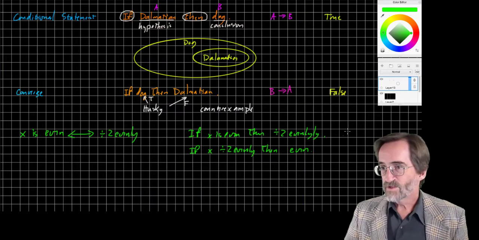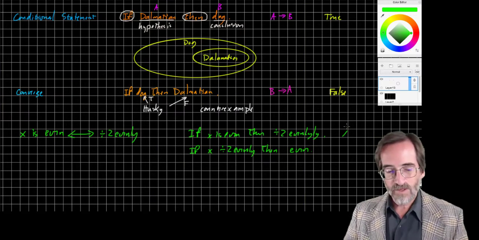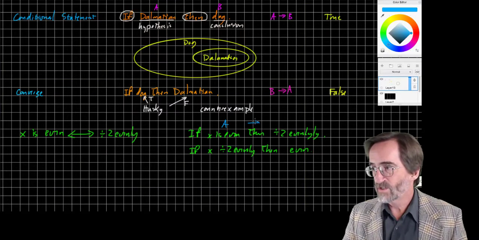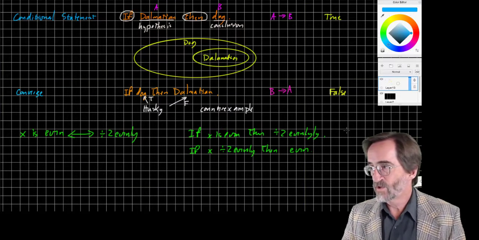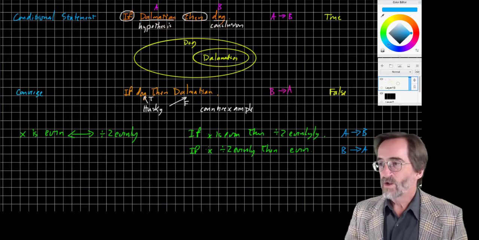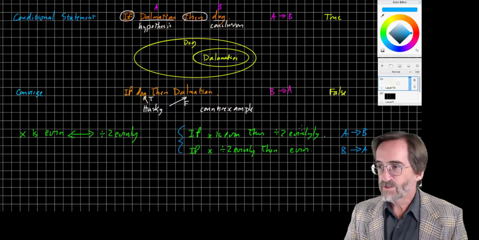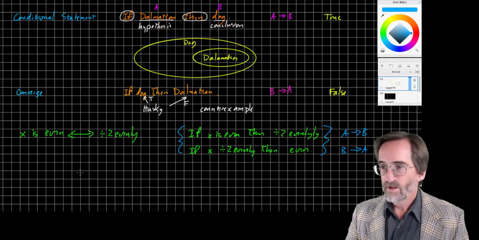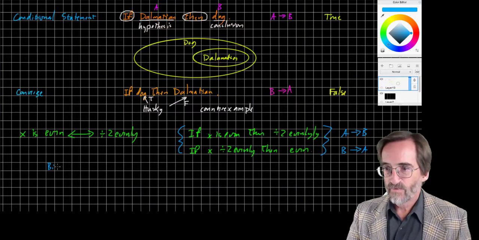Okay, so this diagramming would be A implies B. Let's do it this way. A implies B. This would be B implies A. We can shorten this all to a single statement called a biconditional.